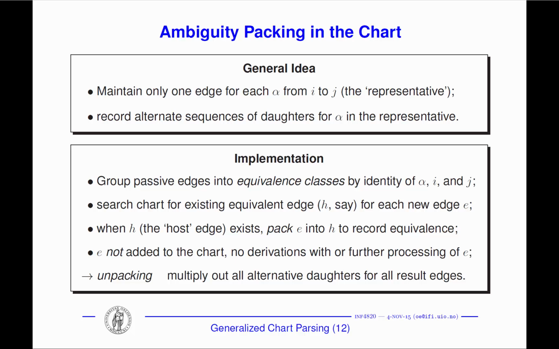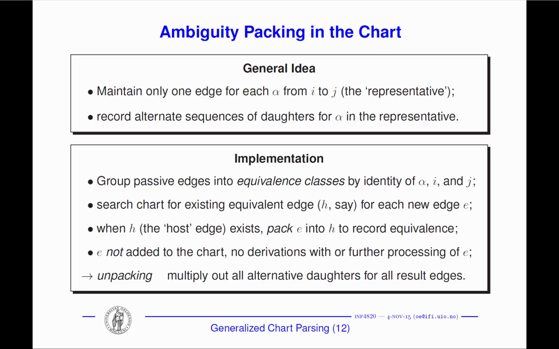I can have more than one record of how I managed to prove the right-hand side of the rule that this edge instantiates. So each edge instantiates one specific rule, but when there were multiple ways of doing so over substring i to j, then there will be multiple backpointer sequences in that edge.